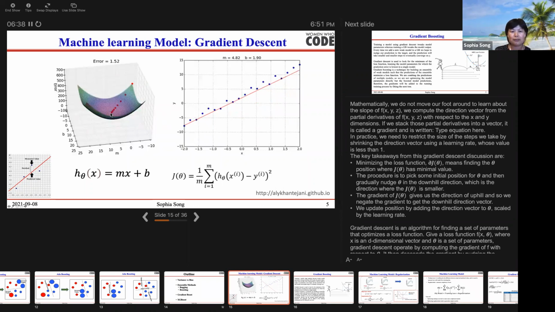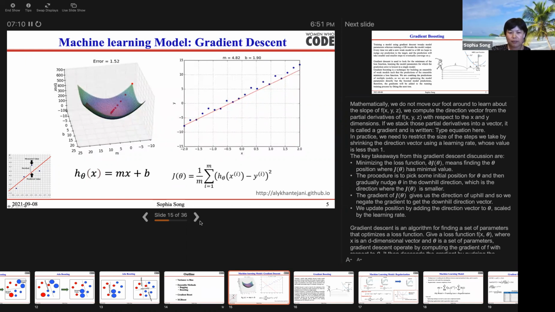You need to select a proper learning rate, so that each time your learning goes a suitable distance, and you find the optimized parameters, M and B, quickly. So that's the goal. Gradient descent is an algorithm to find the set of parameters that optimize the loss function.